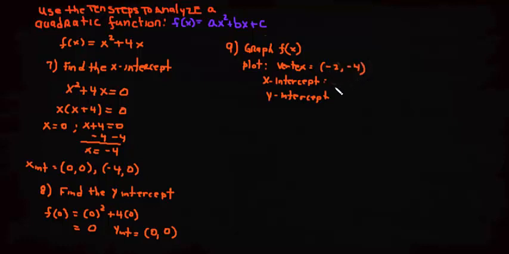There we go. Now the x-intercept is going to be 0, 0. And negative 4, 0. And this is going to be 0, 0. So we're ready to plot the graph of f of x.